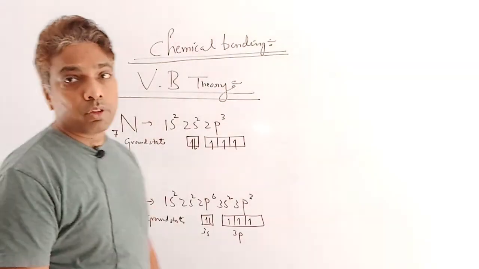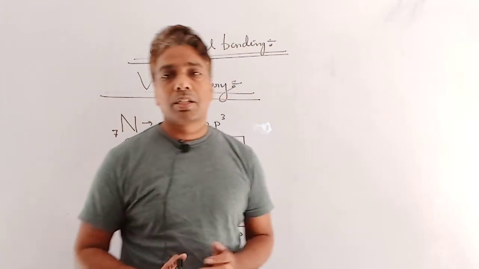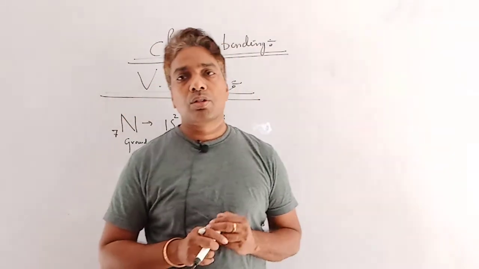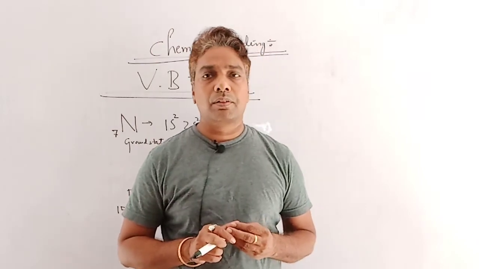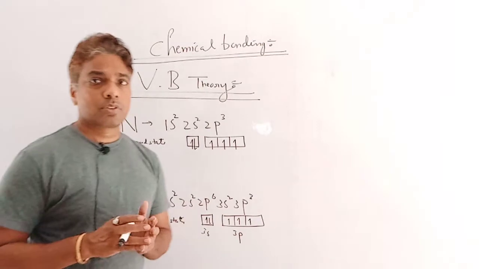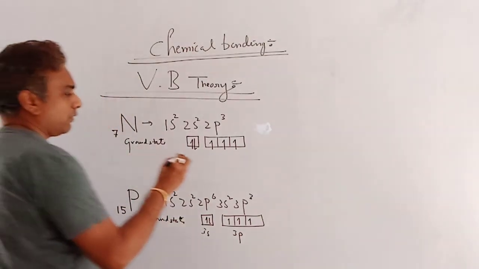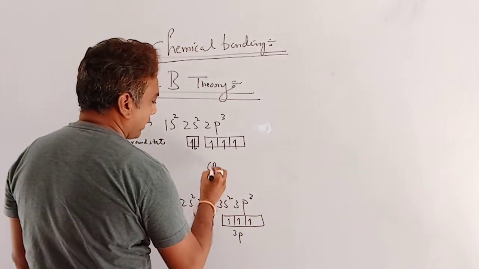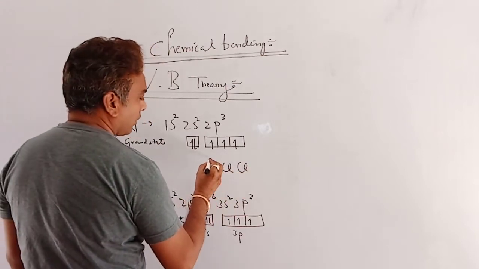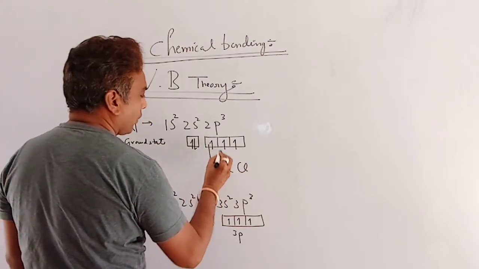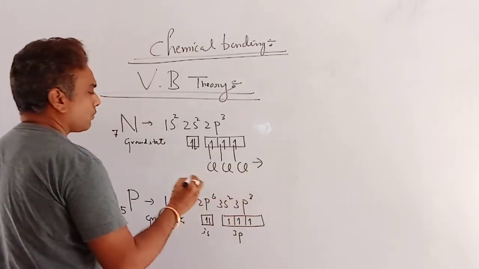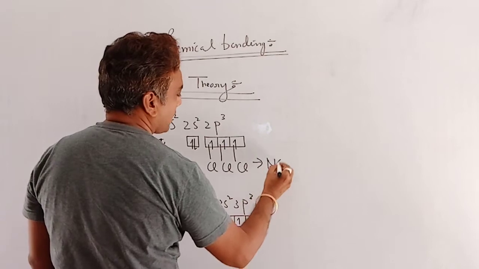So according to VB theory, to gain stability, these unpaired electrons should be paired with the help of 3 different atoms. If these electrons are paired by sharing 1 electron with each chlorine atom, then a molecule is formed which is NCl3.